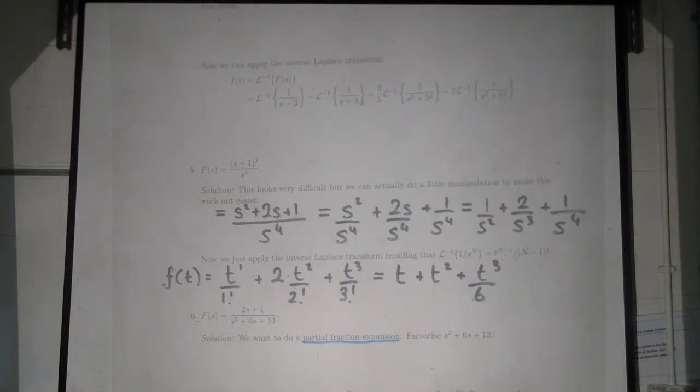What happened to that constant? That was the exam question, 12 over s minus 1 squared. Now that's just a shifted 12 over s squared. You have to handle this first.